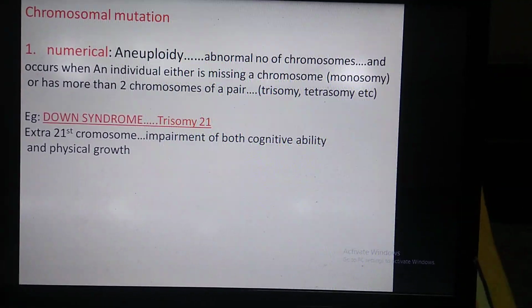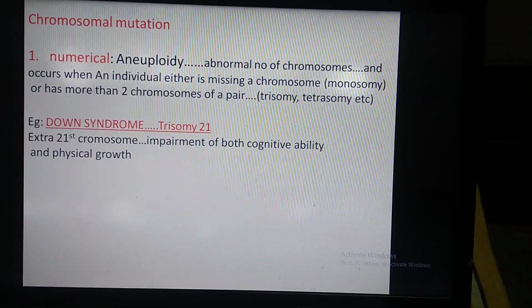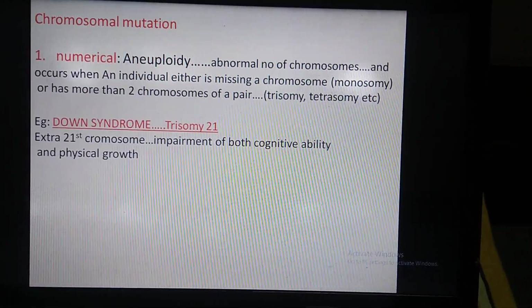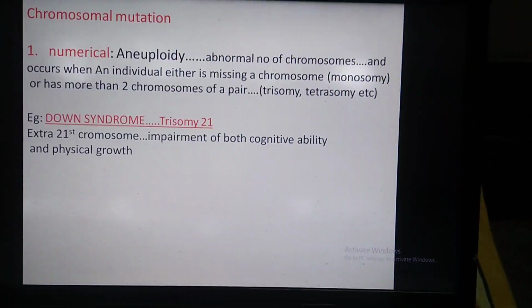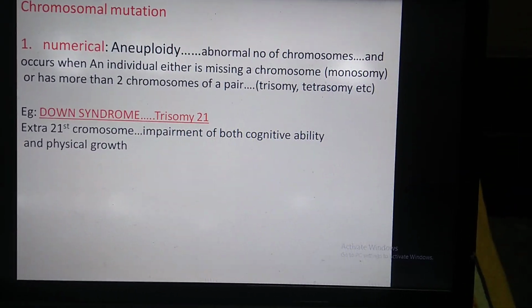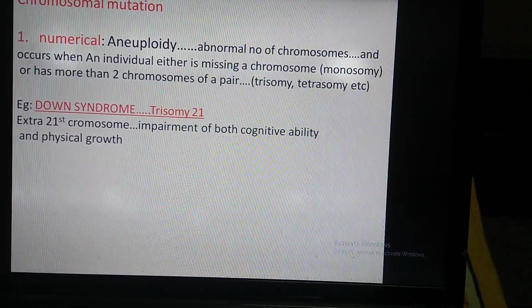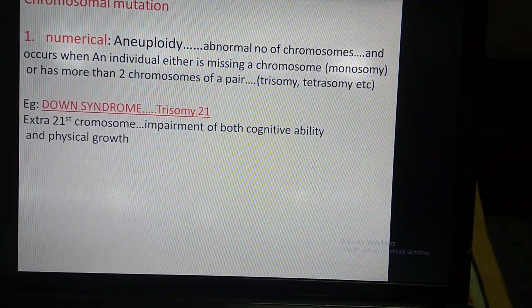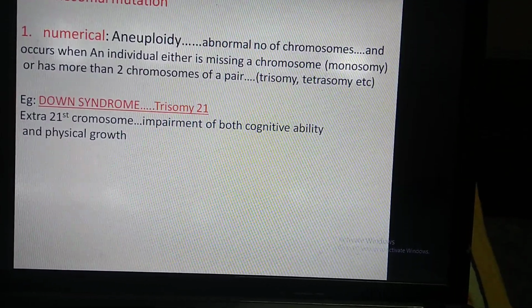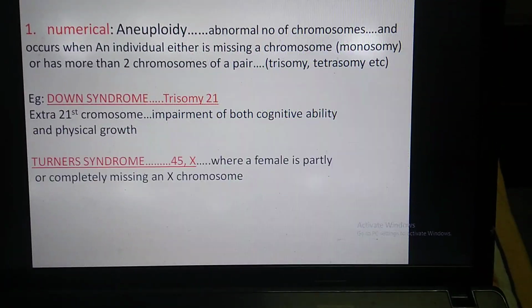A very important example of numerical chromosomal mutation is Down syndrome or trisomy 21. That means the patients have an extra 21st chromosome in their body. It leads to impairment of both cognitive ability and physical growth. It is a very serious condition, no treatments available.